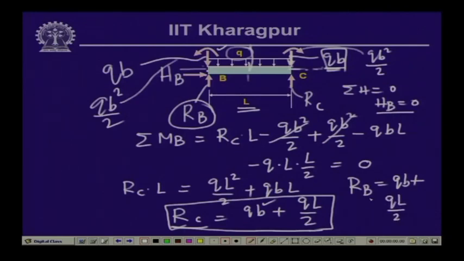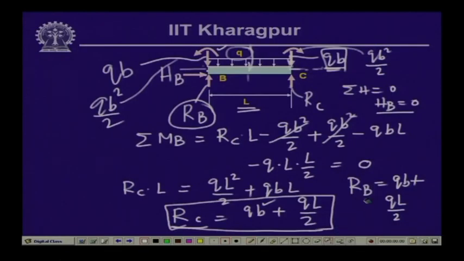Now, what we will have to do is find out the ratio between the length b and the length L in such a way that the load produces 0 bending moment at the mid span. So, if we can compute the magnitude of the bending moment at mid span, and equate that to 0, then we can find out the ratio between b and L.